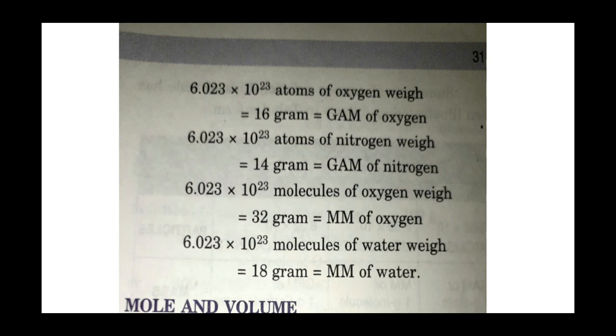Now 6.023 into 10 raised to power 23 molecules of oxygen weigh 32 gram. For atoms, oxygen is 16 gram, and for molecules it is 32 gram. And 6.023 into 10 raised to power 23 molecules of water weigh 18 gram.